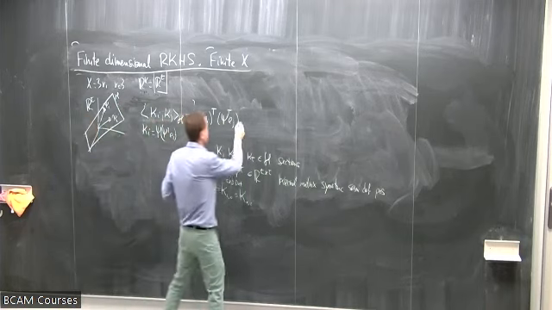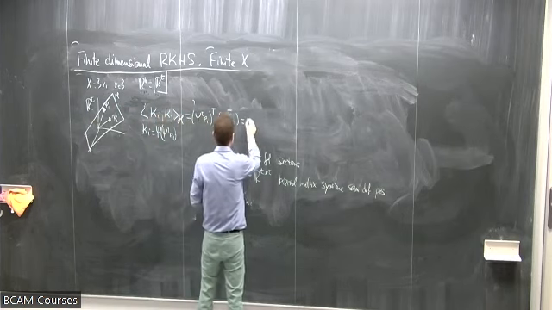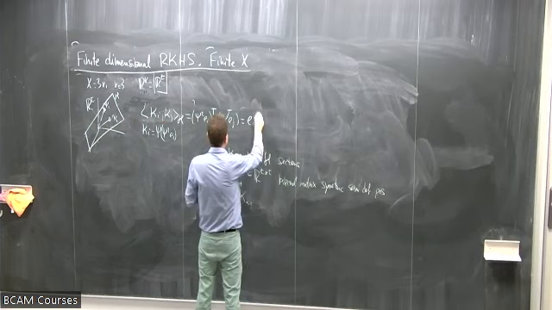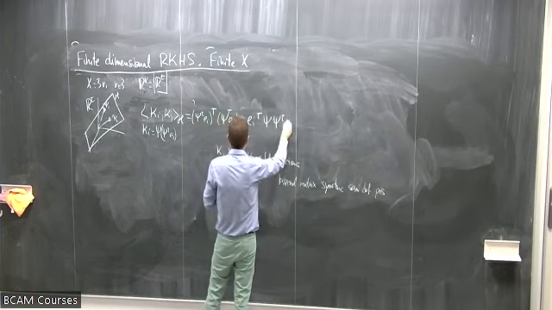Doing very simple linear algebra, when we take the transpose of the product, we get this times this times this.